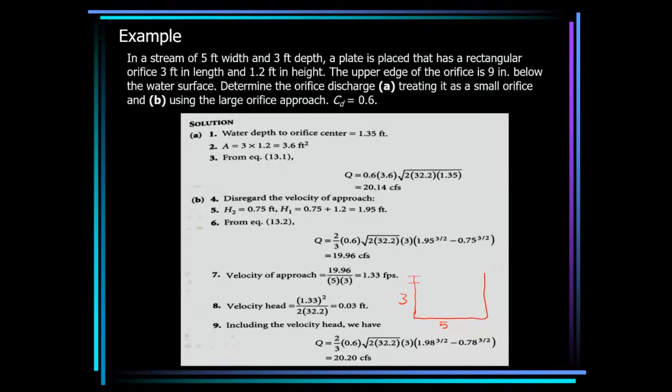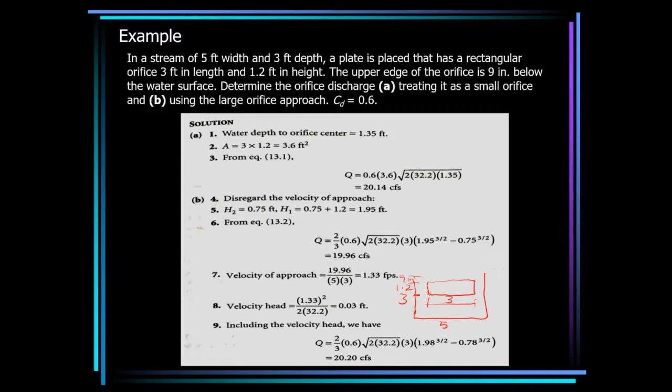This 9 inches is less than 1 foot, isn't it? Because 12 inches give 1 foot. So this is where the orifice is. The orifice is rectangular and it is 1.2 feet, and the length is 3 feet.